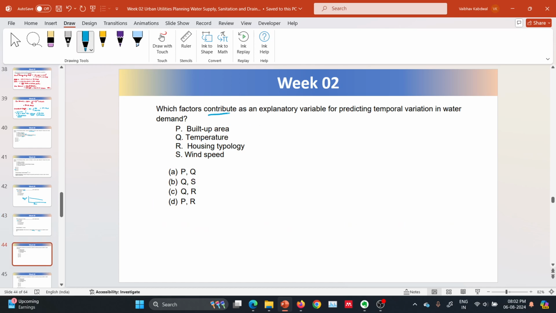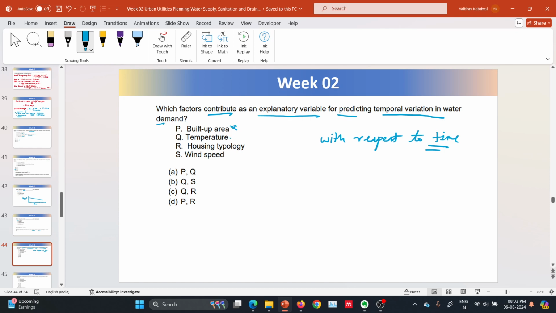Which factors contribute as explanatory variable for predicting temporal variation in water demand? Temporal means with respect to time. So the built up area will be same with time.